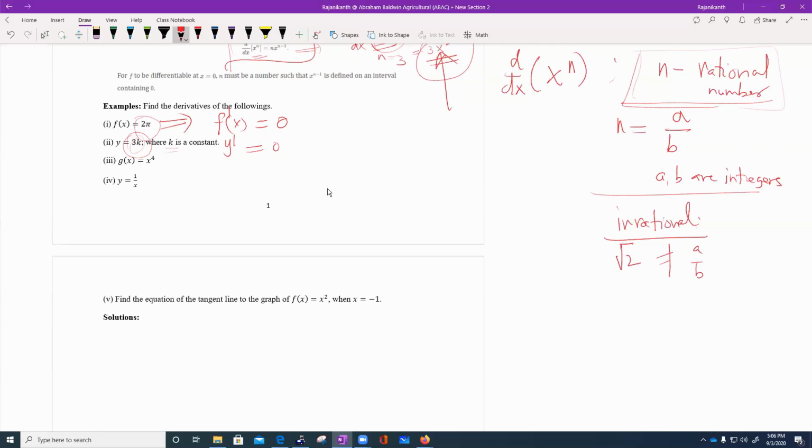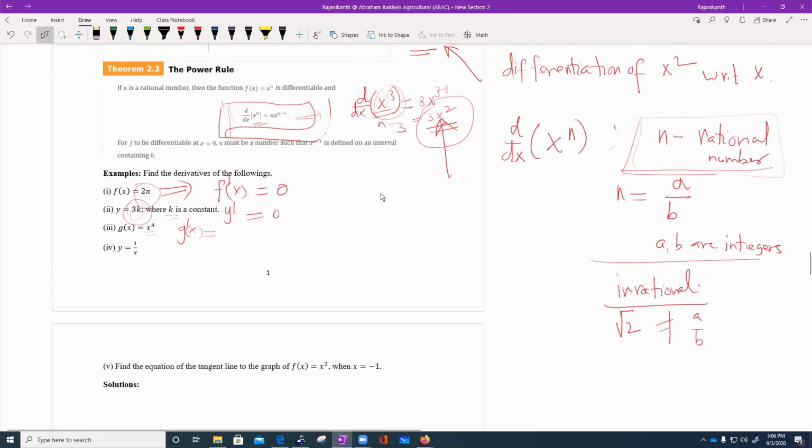But the third one is not constant, right? Because you see the variable x. So to find the derivative of g, which is g prime x, simply use the formula we just had. Now remember, your function is x to the power 4. Then what is n here? Yes, n is 4.